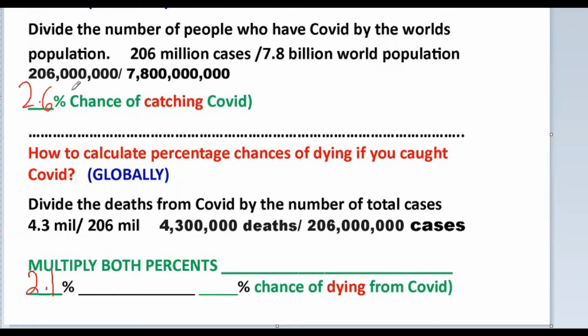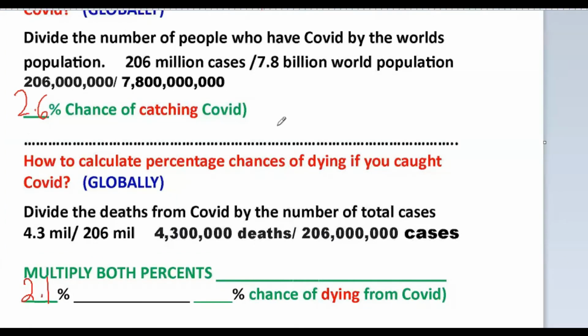In order to get your final answer, we're going to have to multiply both of these two percentages, the 2.6 and the 2.1. However, before you multiply them, we need to change them to decimal form. We know that 2.6 in decimal form is 0.026, and 2.1 is 0.021.